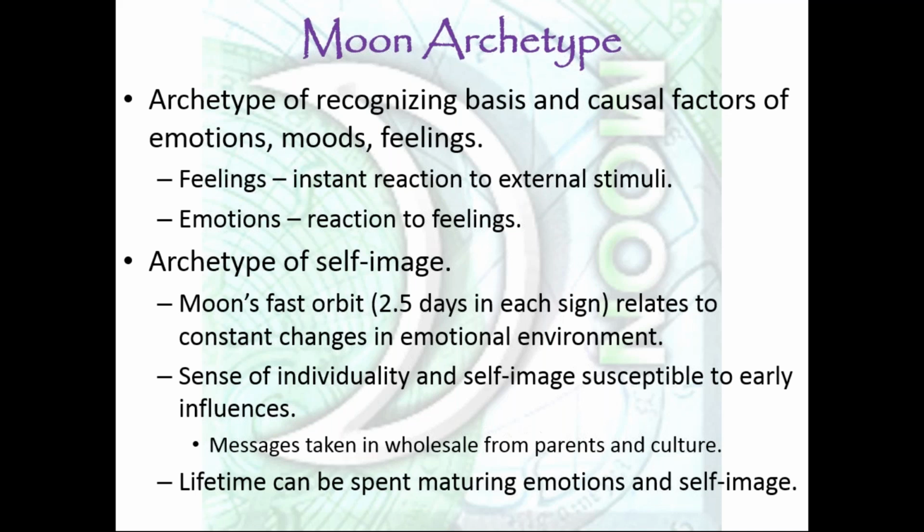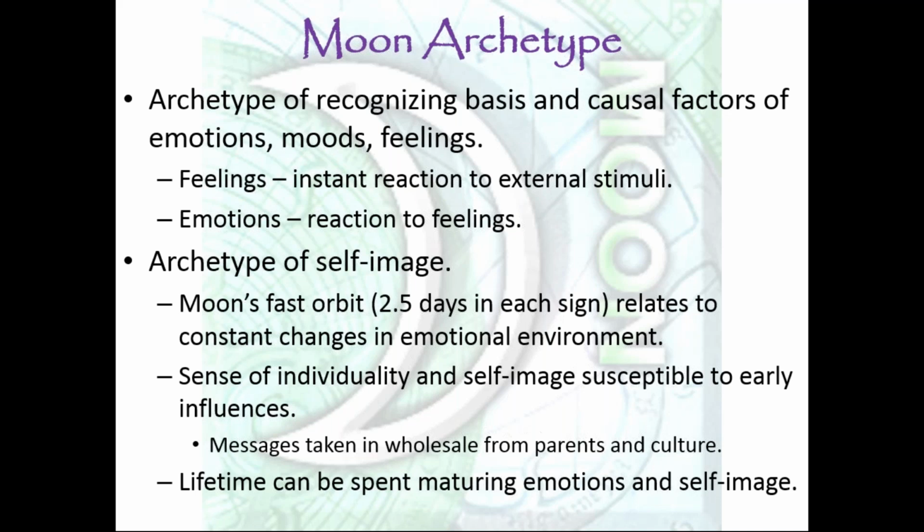This is the archetype of self-image. And a lot of this is related to the Moon traveling so fast through the zodiac. The Moon takes two and a half days to go through a sign of the zodiac, takes a month to go all through the circle of the zodiac, and in one month, the Moon aspects every other planet in every possible way.